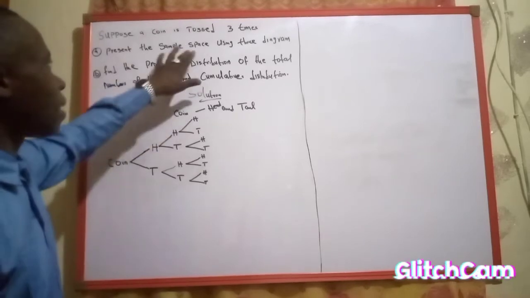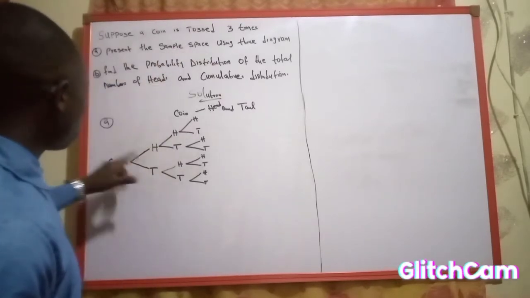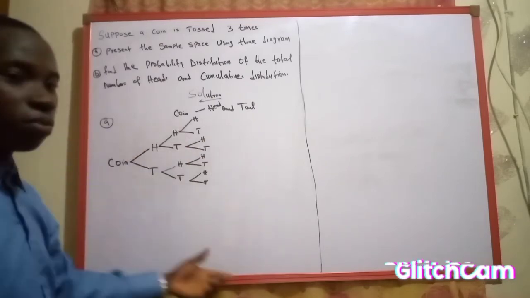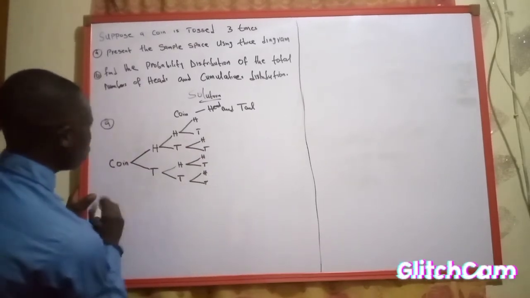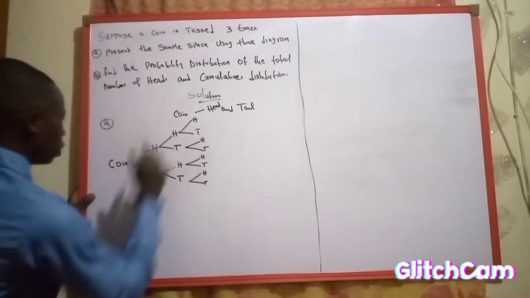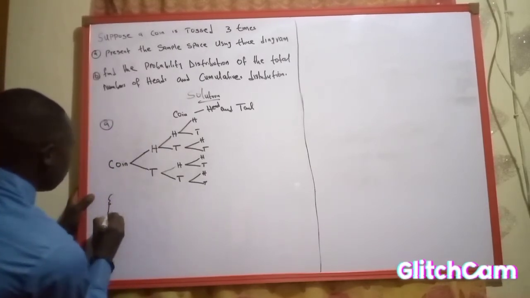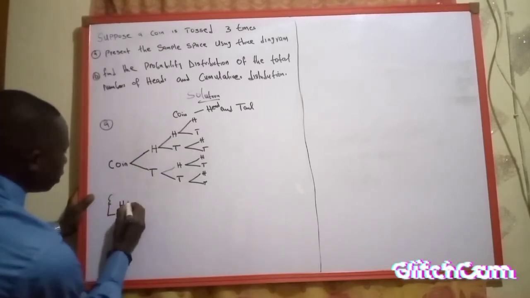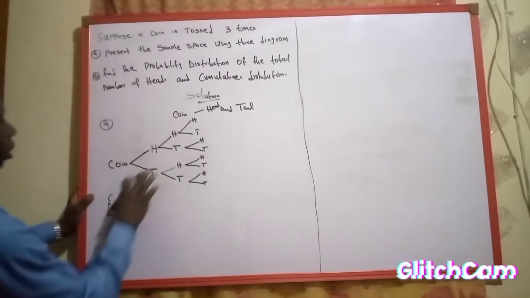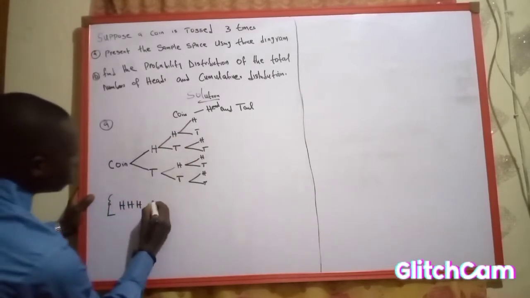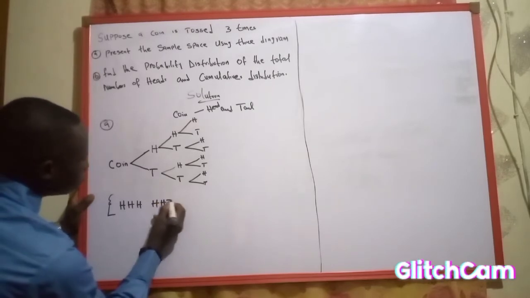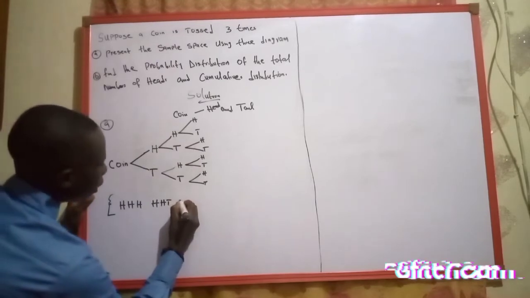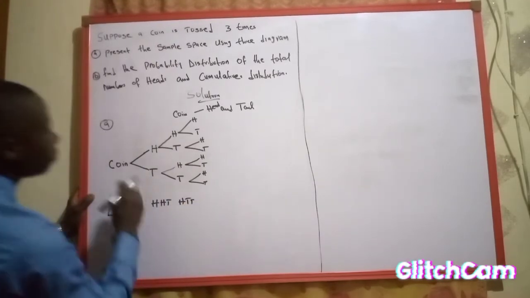So let us present the sample space. The sample space is the possible outcomes of the experiment we just performed. In the first row, we have head, head, head. Head, head, tail.